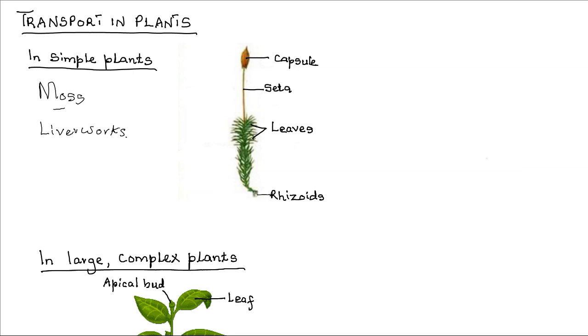And in this picture here, we have the moss plant. Now, in such small plants, their surface area to volume ratio is quite large, and thus transport of substances occurs from cell to cell through three main processes.